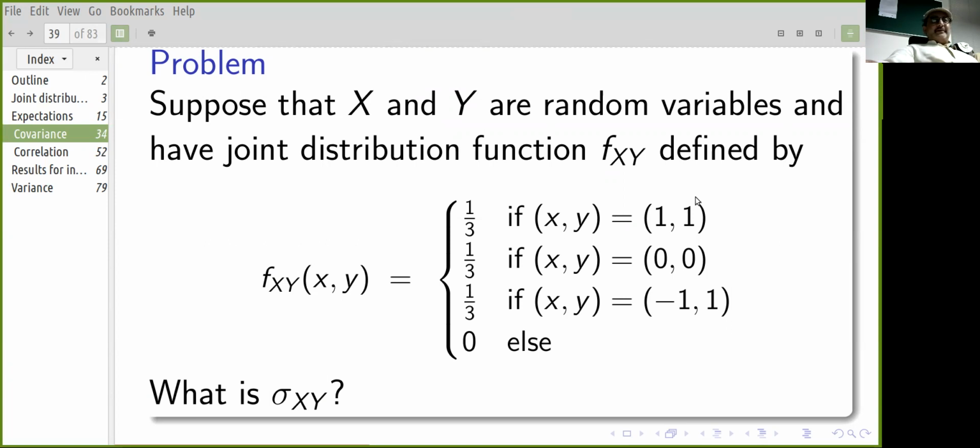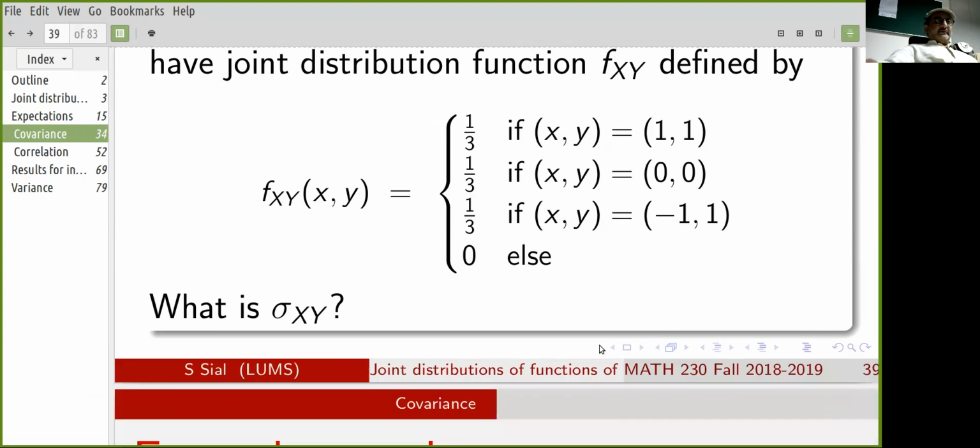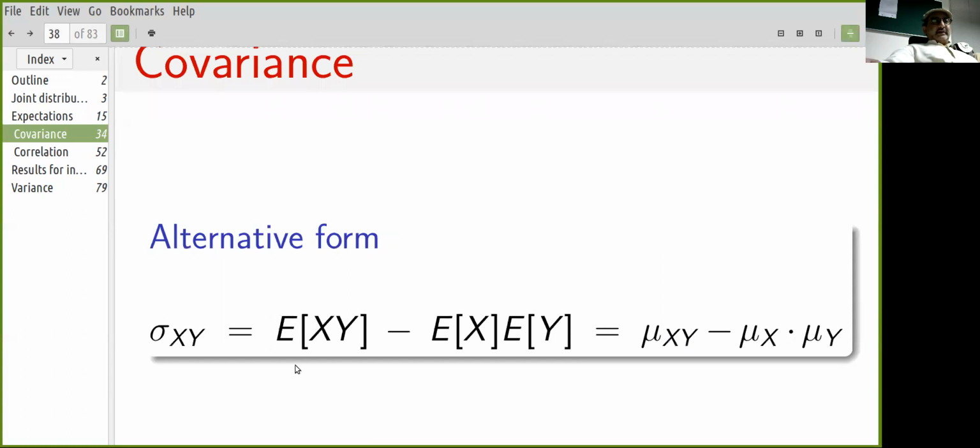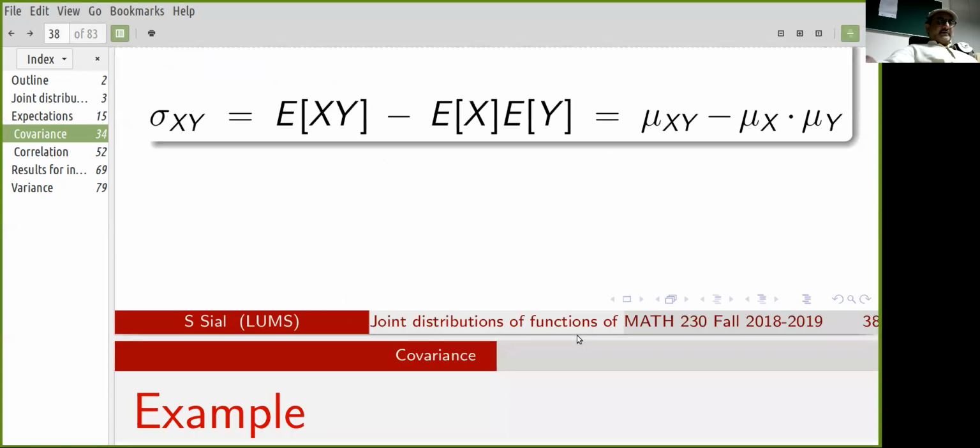They have a joint PMF defined by f sub XY equals 1/3 if the ordered pair (x,y) is equal to (1,1), 1/3 if (x,y) equals (0,0), 1/3 if (x,y) equals (-1,1), and it's 0 otherwise. What's the covariance? Well, the covariance is the expectation of XY minus the expectation of X times the expectation of Y.